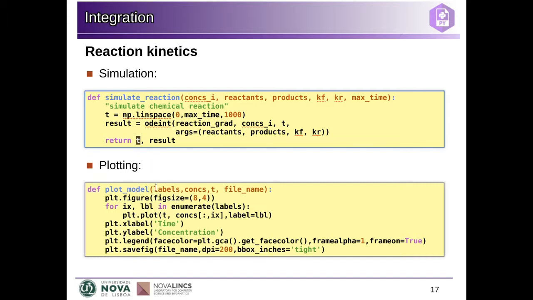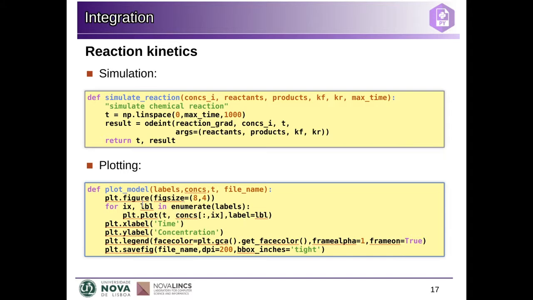For plotting, we can receive the labels, the names of the different species, the concentrations, so all the matrix with the computed concentrations, the axis for the time, which is going to be our x-axis, and if we want to save to a file, we can get the file name and save it to a file. So this would be easy. We just create a new plot, and for each label, we're going to plot that column of the concentrations.